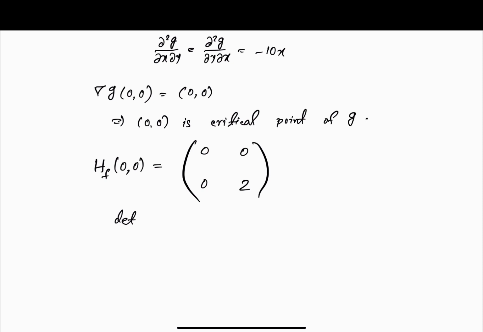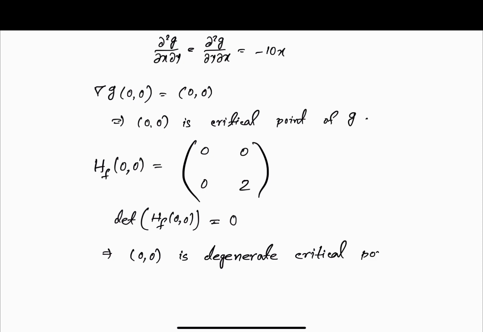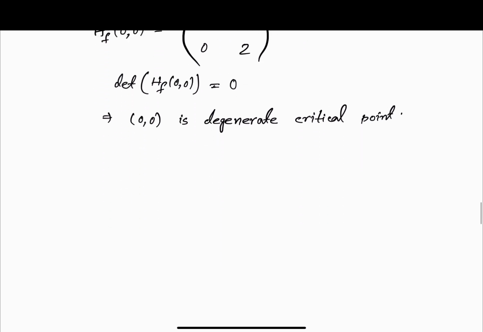Then what will be the determinant? This is again 0, so (0,0) is a degenerate critical point. So again we cannot use the theorem to conclude that (0,0) is a saddle point or not.